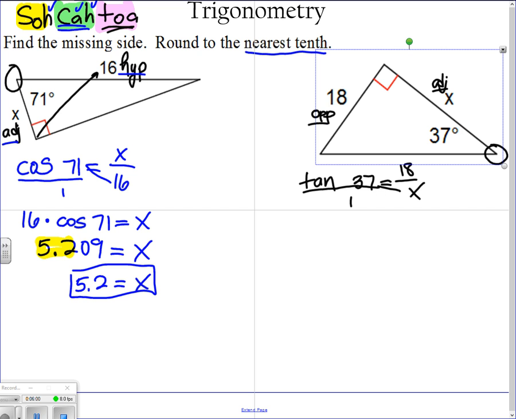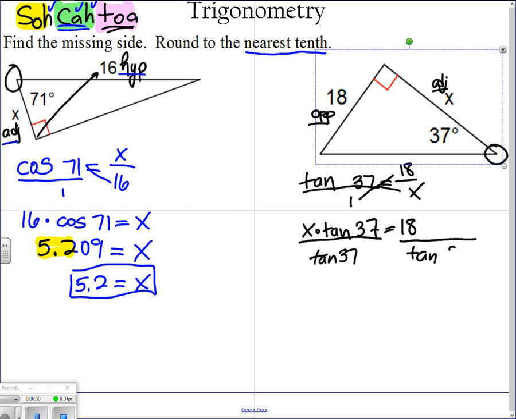So cross multiplying, the answer will be x multiplied by the tangent of 37 is equal to 1 times 18, which is 18. Now get the x by itself. If you want it by itself, divide by everything that is not x. So I'm going to divide by tangent of 37. And what you do to one side, you do to the other side.